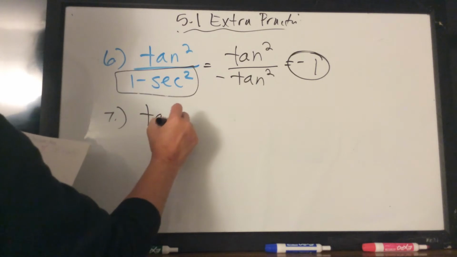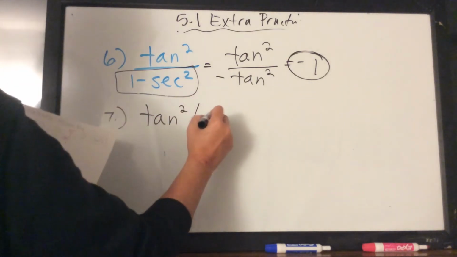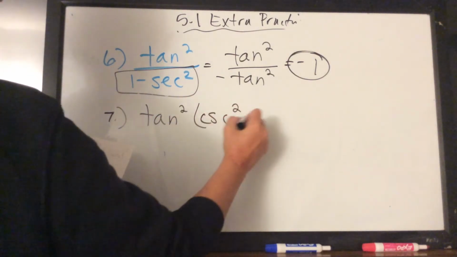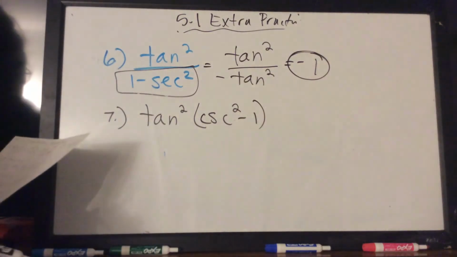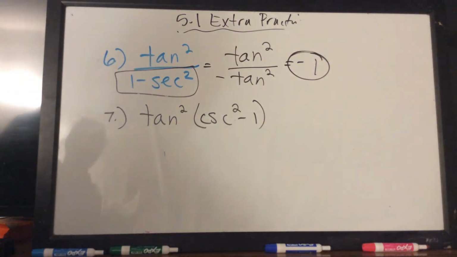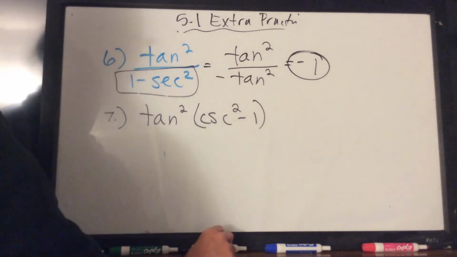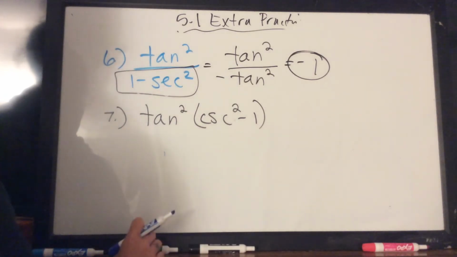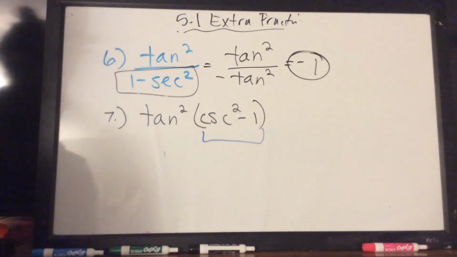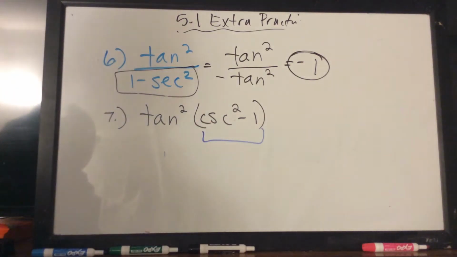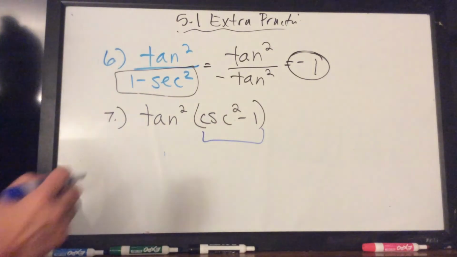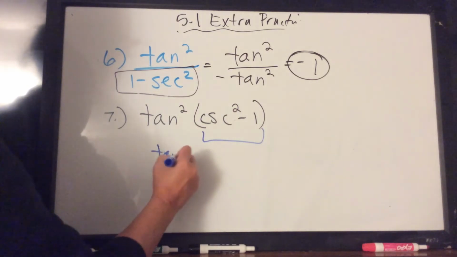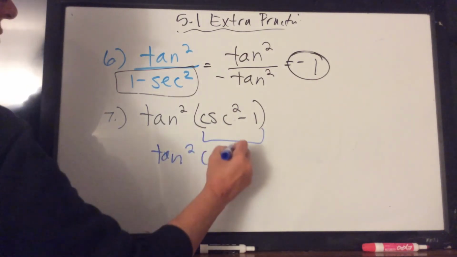Tangent squared, cosecant squared minus 1. Okay? Again, some of you will be like, oh, I distributed. Which, guys, you can still get the answer if you distribute. Okay? It's not wrong. But if you look at that, look at your trig identities. Cosecant squared minus 1 is, again, you should look at your trig identities, and it's cotangent squared.